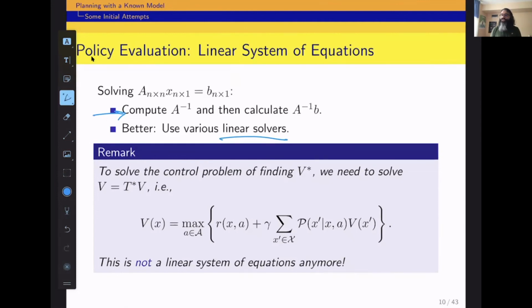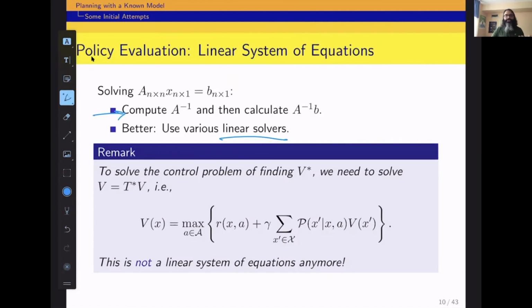And also there are solvers that can benefit from the structure of matrix A. So as a very rough heuristic, if a matrix A is more than a few thousand dimensions, like 10,000 by 10,000, computation of the inverse is going to be difficult on a laptop.